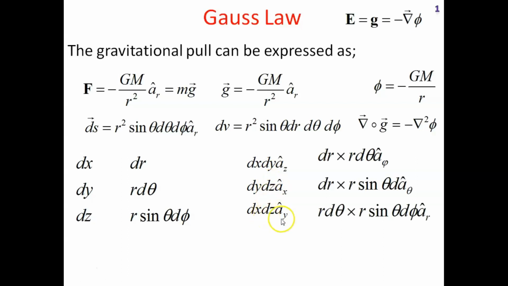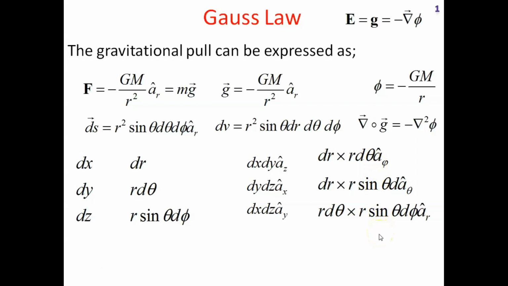Similarly, in case of spherical coordinates, we can take products of dr and r d theta, dr and r sin theta d phi, and r d theta into r sin theta d phi, and the perpendicular unit vectors are properly chosen. As we are considering quantities concerning r and theta, the perpendicular unit vector is the one associated with the phi coordinate, and so on.